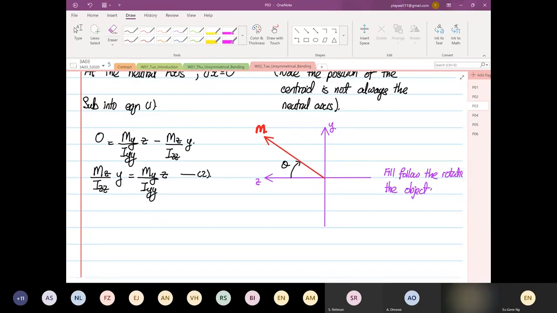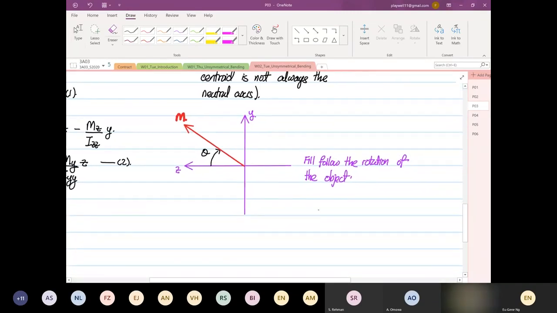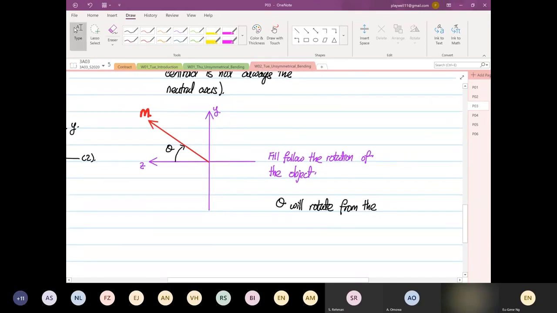I repeat again, theta will rotate from the z-axis, and clockwise is positive. This has nothing to do with the right hand rule. How we draw it, because we have this orientation, we declare that clockwise is positive.